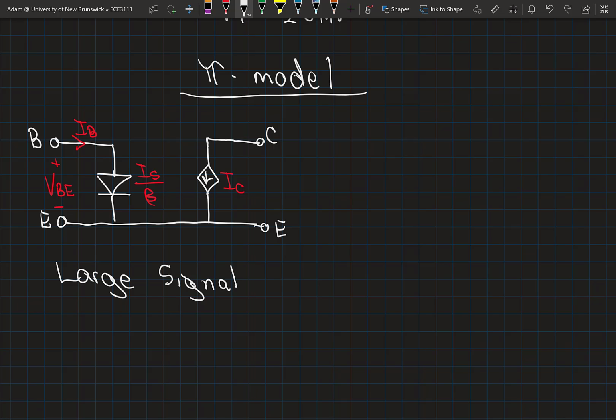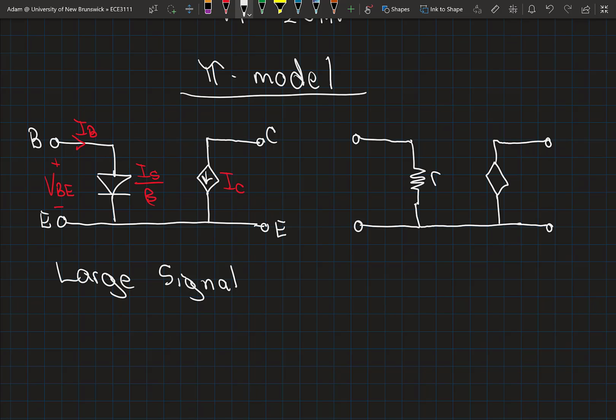So we can now develop a small signal model that's linear for small signal analysis using the pi model. Much like our T model, we are simply going to replace the exponential diode in the circuit with a linear element, that being a resistor.